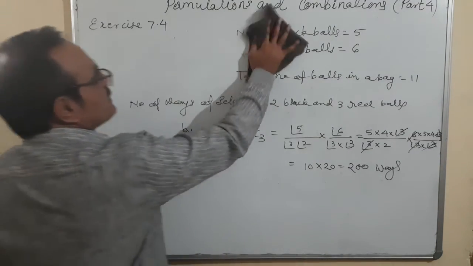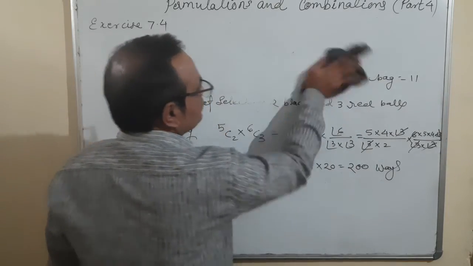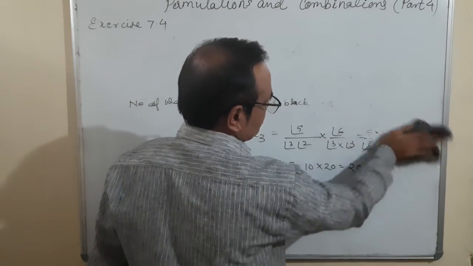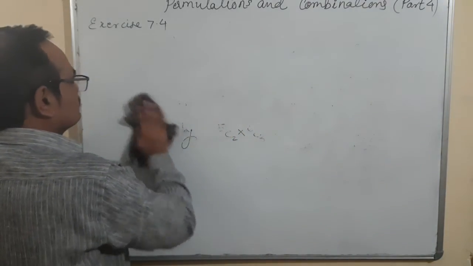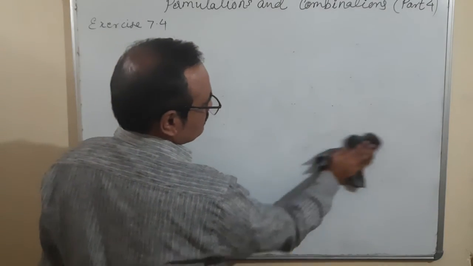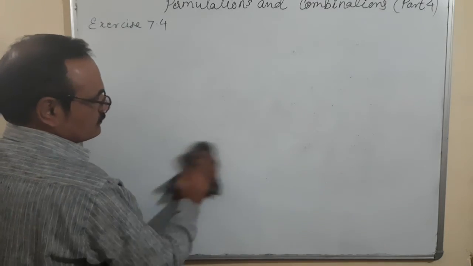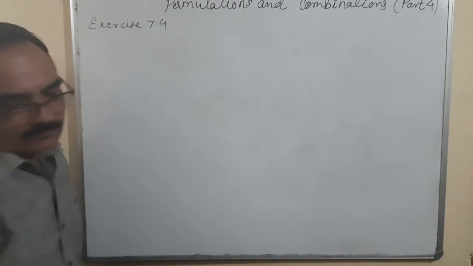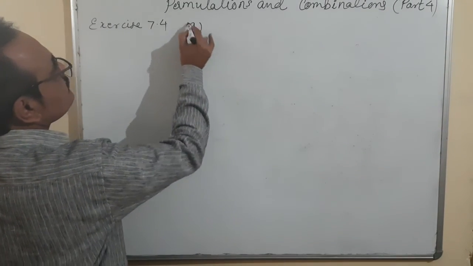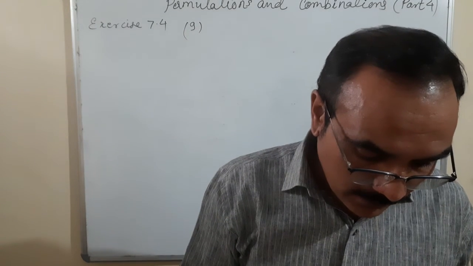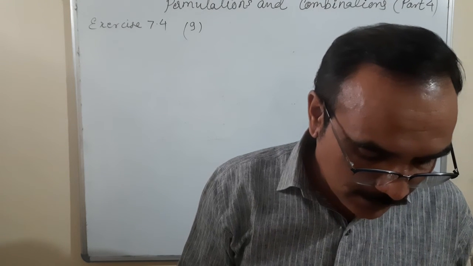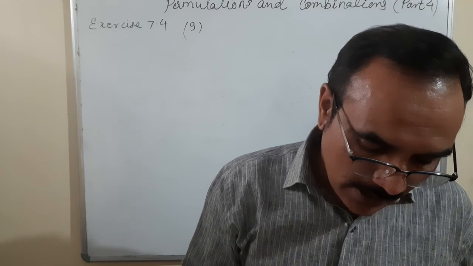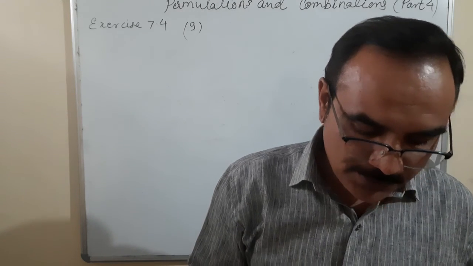And one last question of this exercise. Question number 9. In how many ways can a student choose a program of 5 courses if 9 courses are available and 2 specific courses are compulsory for every student?